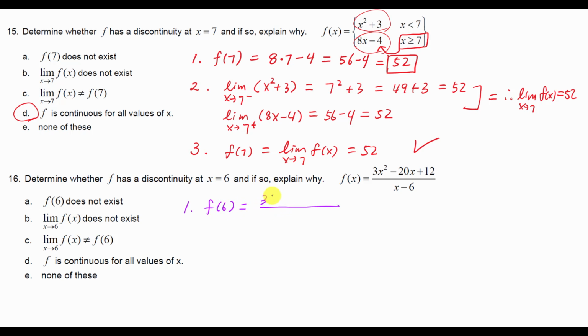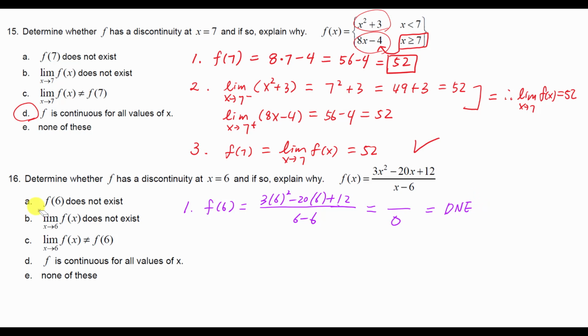It's 3 times 6 squared minus 20 times 6 plus 12 over 6 minus 6. Whether the numerator is 0 or not, my denominator is 0, which is clearly undefined. So my f of 6 does not exist. Therefore, this function is not continuous at x equals 6.